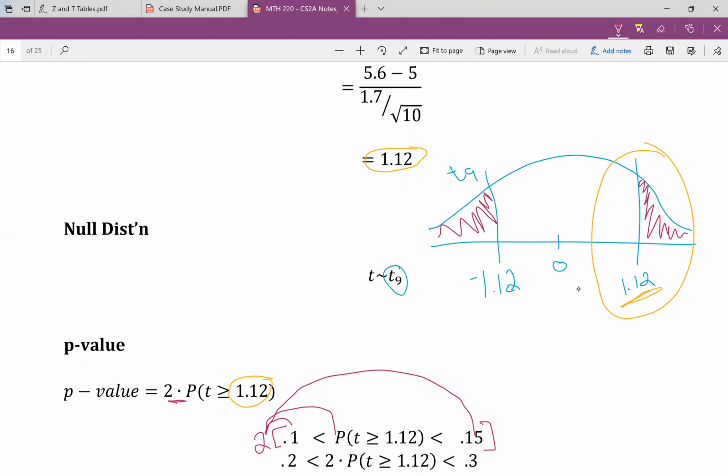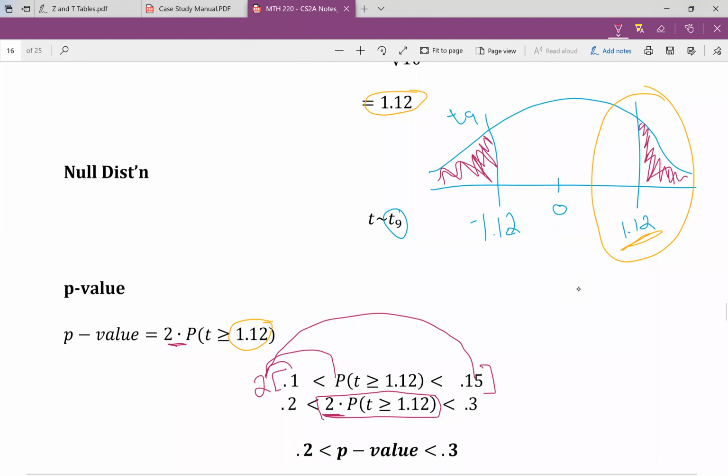We add the 2 times my probability statement because now this probability statement is our p-value. That's what both of those pink shaded regions are up here in my chart. And I multiply the 0.15 by 2, doubling it, and I get 0.3. So the final answer is that my p-value is between 0.2 and 0.3. Final answer.